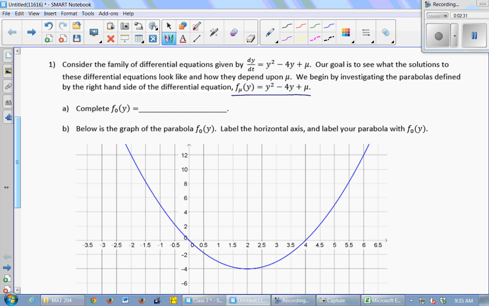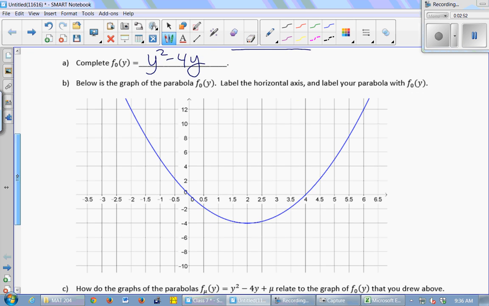So f sub 0 of y, making μ 0, would just be y² - 4y. If μ were 0, that last term just goes away, and when you graph it, it looks like this.